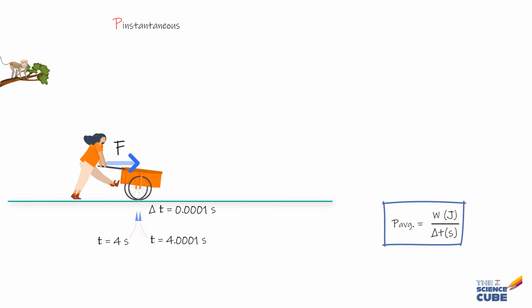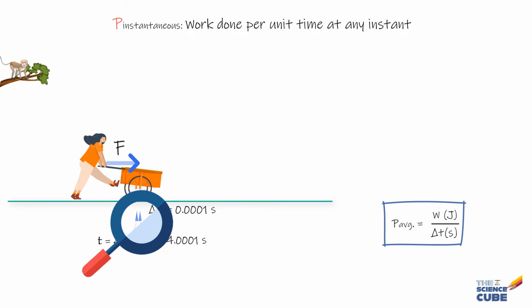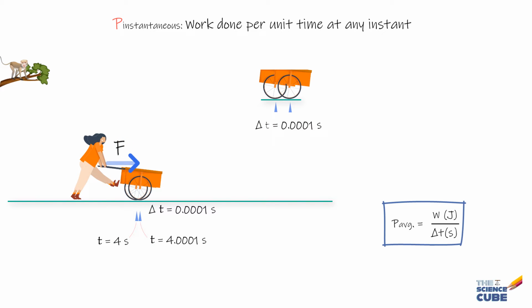That is, the instantaneous rate of doing work is work done per unit time at any instant of the journey. And how do we define an instant? An instant of time is nothing but a very, very short period of time, much smaller than 0.0001 seconds. In fact, so much smaller that it almost approaches zero.